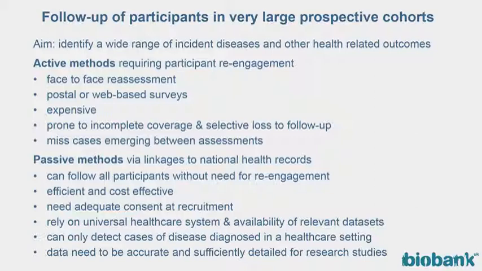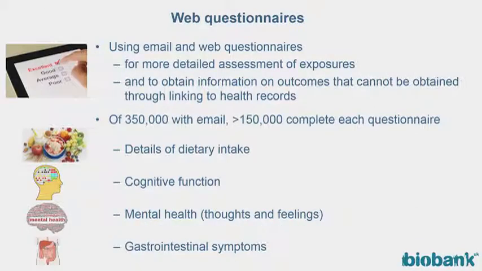And in that respect, in the UK, we're in a privileged position because of the availability of a universal national healthcare system. Of course, one can only detect cases of disease that are diagnosed in a healthcare setting using such methods. And the other challenge is that the data need to be accurate and sufficiently detailed for research studies.